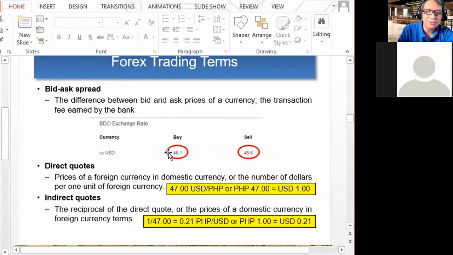Okay, they will pay you 48 pesos. And this is the selling price. They will sell you the dollar if you pay them 48 yan. Okay, so we call that the bid-ask price, no, in banks.